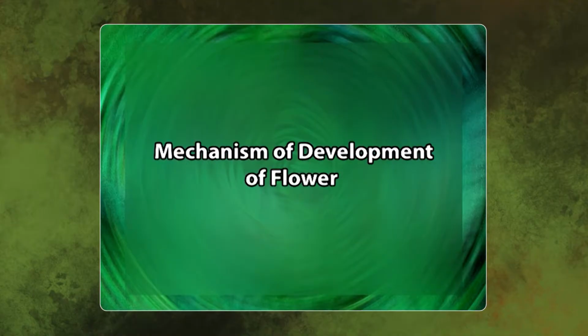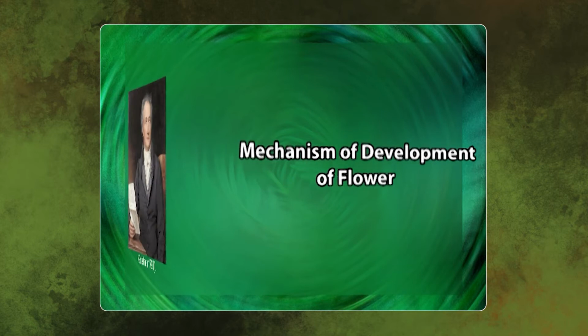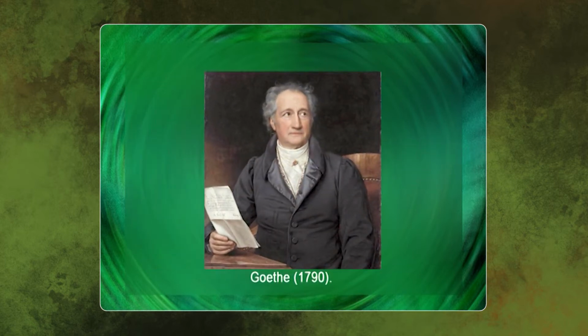The pure form of phytochrome is made up of two components. One is a protein and the other is a chromophoric component, which is yellow or blue in color. Now we discuss the mechanism of flower development. In 1790, Goethe proposed that floral organs represent modified leaves.